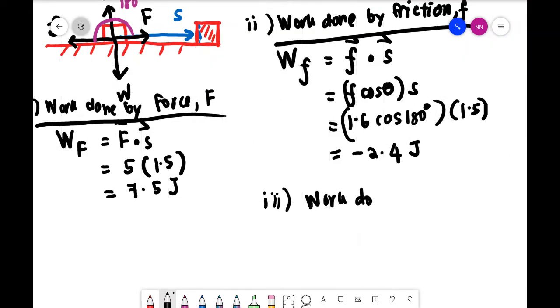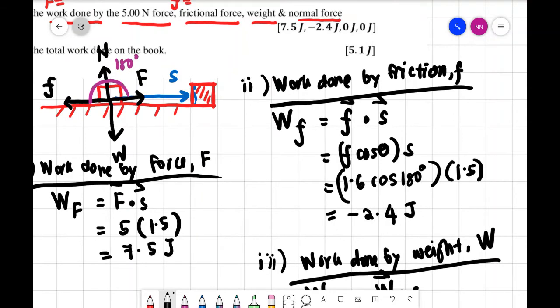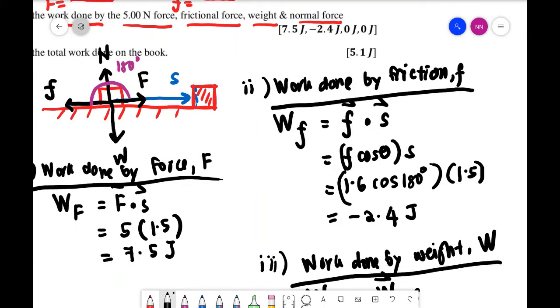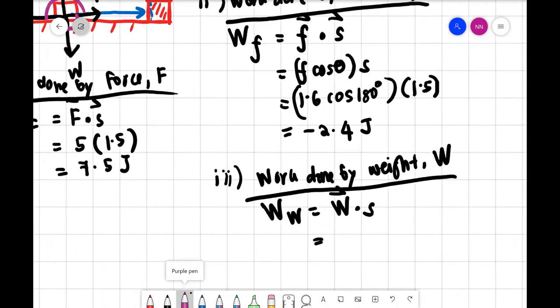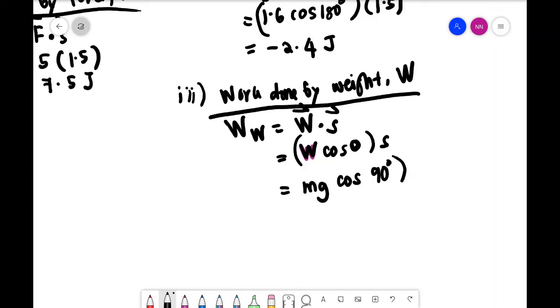Work done by weight W is weight dot S. The angle between weight and the displacement is 90 degrees. So it is mg cos theta dot S: mg cos 90 degrees times displacement S. Cos 90 degrees equals 0. So the work done by the weight is 0 joule.